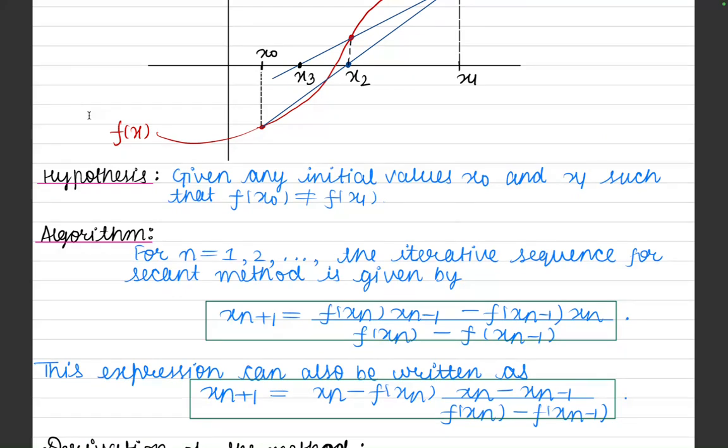The iterative sequence for secant method is given by this: x n plus 1 is equal to f of x n times x n minus 1 minus f of x n minus 1 times x n, divided by f of x n minus f of x n minus 1.